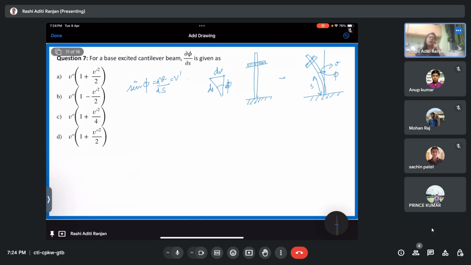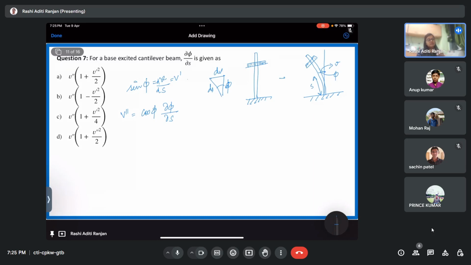Cool. Now, if I differentiate this, what am I going to get? I'll have v double dash equal to cos phi del phi by del s because I'm differentiating with respect to s. Correct? This is the equation that I get.